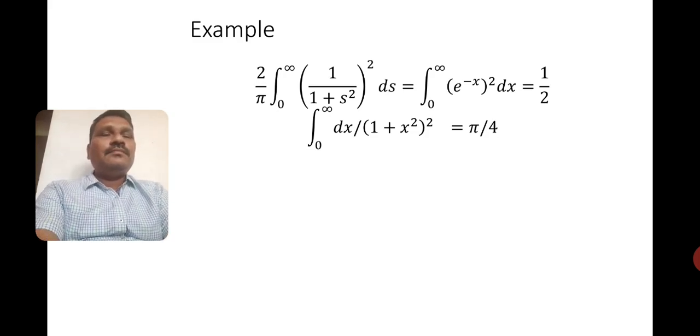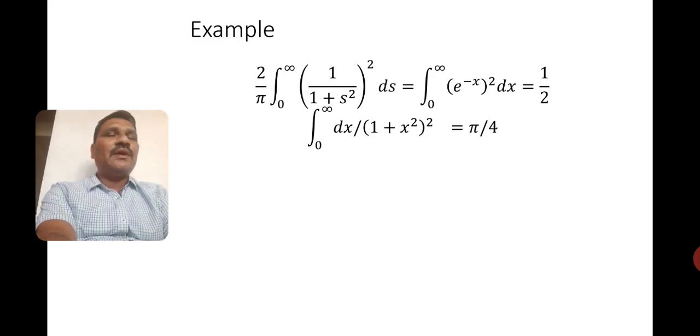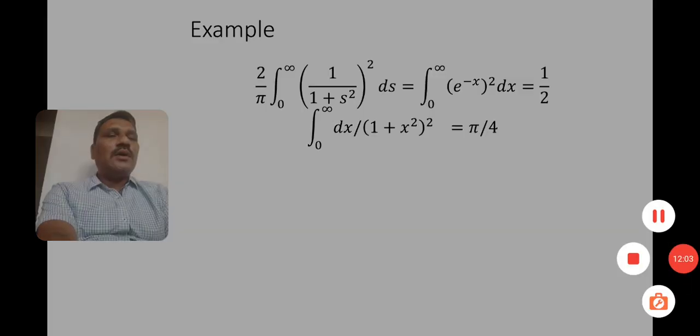Integral of 1 by 1 plus s squared whole square ds is equal to integral 0 to infinity of e to the power minus x whole square dx, which is equal to half when you do the integration. Therefore the resultant answer for this is integral 0 to infinity dx by 1 plus x square whole square is pi by 4. I hope you got the things properly.